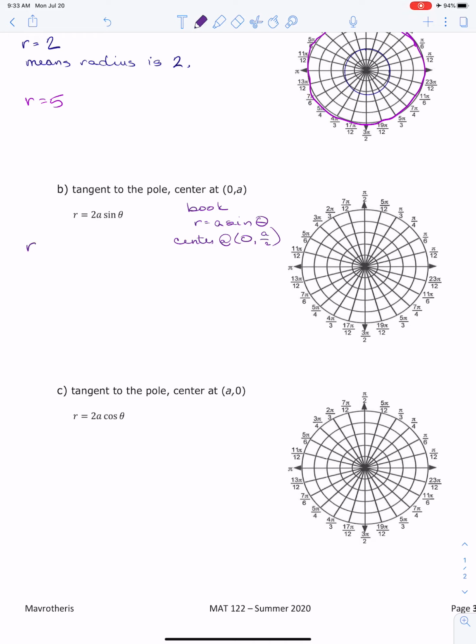So here's our example. R equals 4 sine theta. That means I have a center at 0, 2. So here's my 0, 0. Here's my center. Here's my 4.